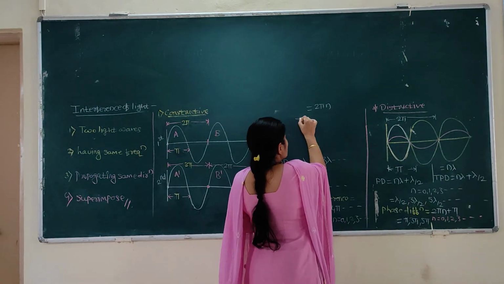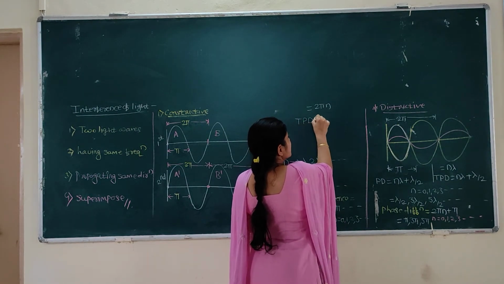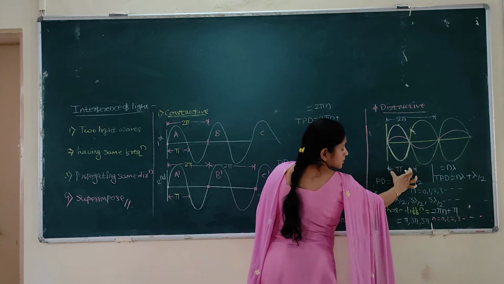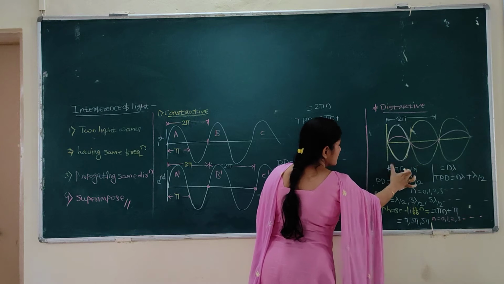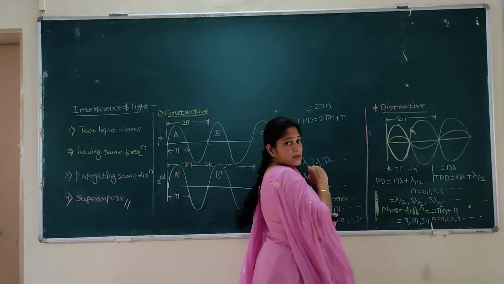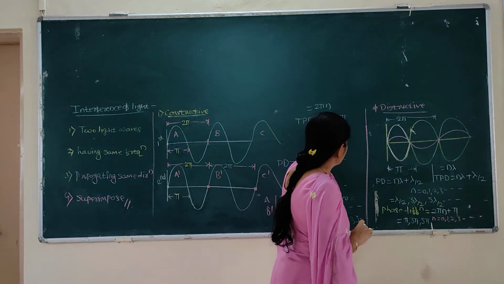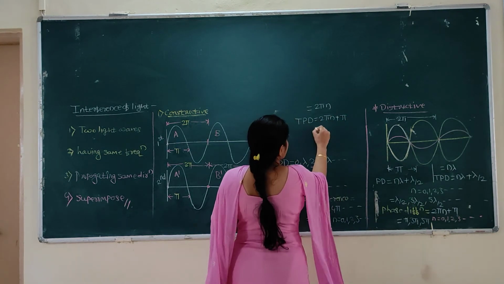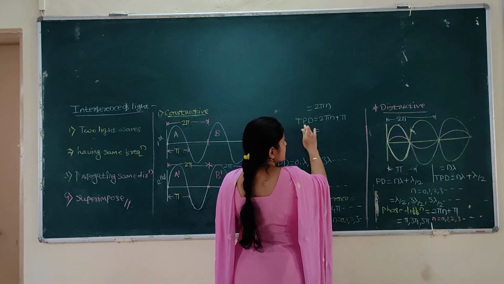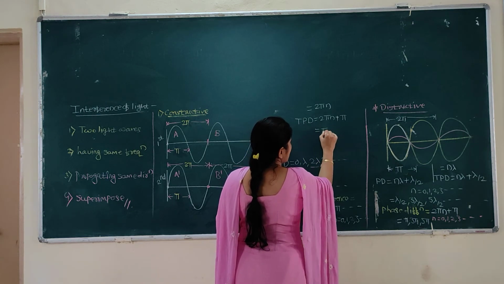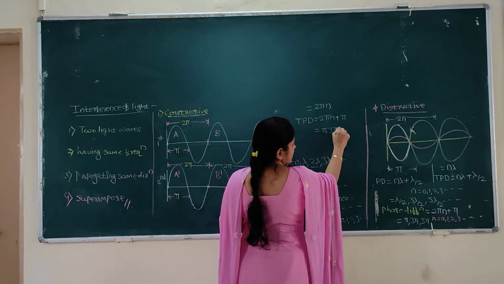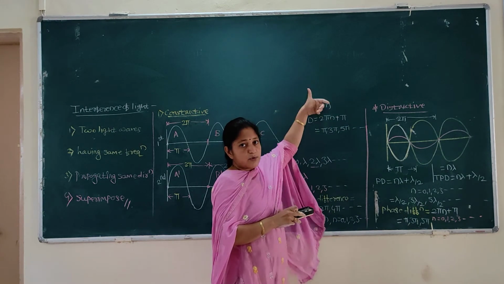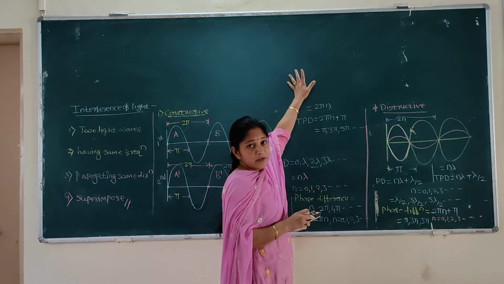So the total phase difference we can write as 2 pi n plus pi, where pi is the phase difference between the two waves. Here if we put n equal to 0, 1, 2, 3, we get the phase difference for destructive interference as pi, 3 pi, 5 pi and so on. So this is about destructive interference.